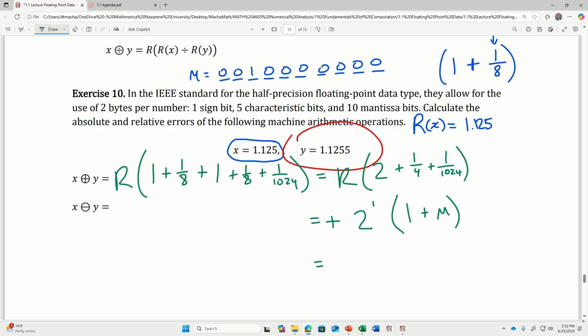And then if I'm going to multiply this part by 2, that means I have to think about how do I make 1 plus the mantissa equal to half of this, which is 1 plus 1 over 8 plus 1 over 2048.